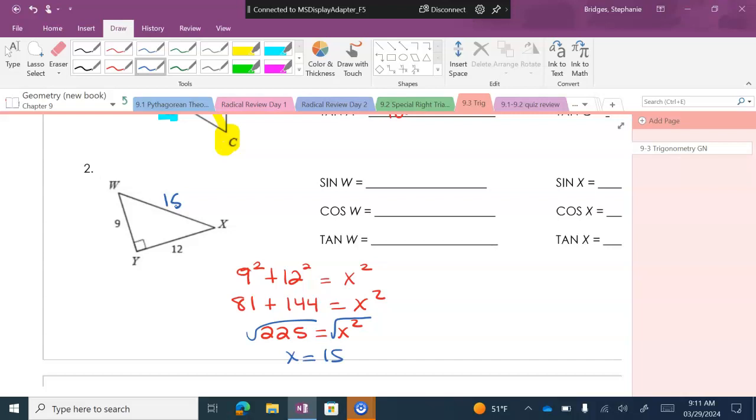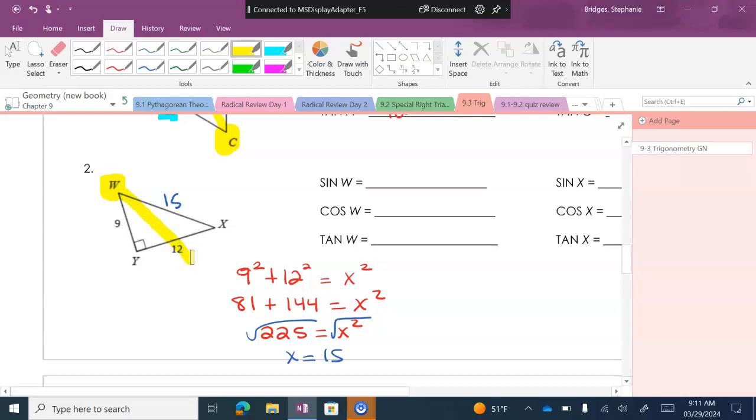All right. Sine of W. We're looking at W. That's the angle that we focus on. Sine is opposite over hypotenuse. What is the opposite of W? 12.